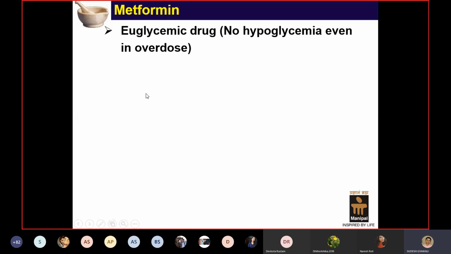Okay, number one, first and foremost thing you have to remember is it doesn't act on the beta cell of the pancreas. It doesn't increase the insulin secretion. It is not an insulin secretagogue.